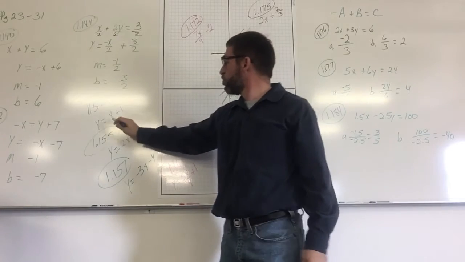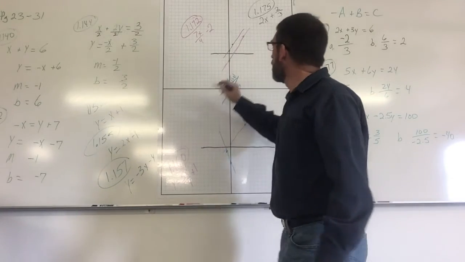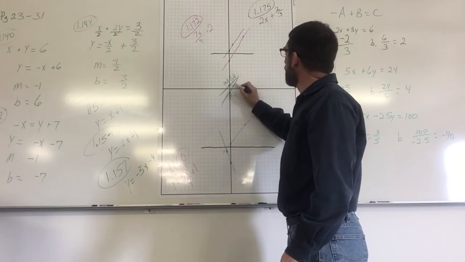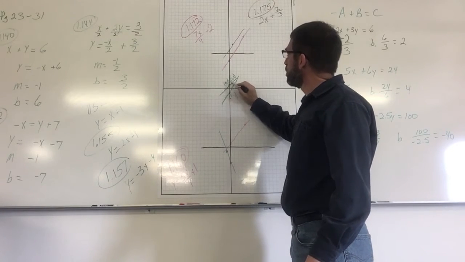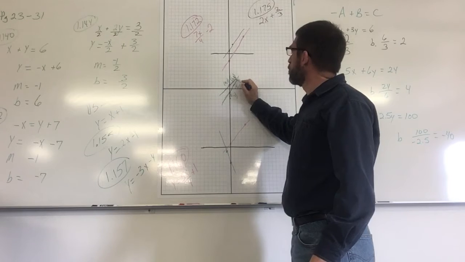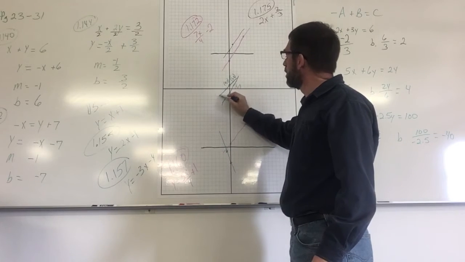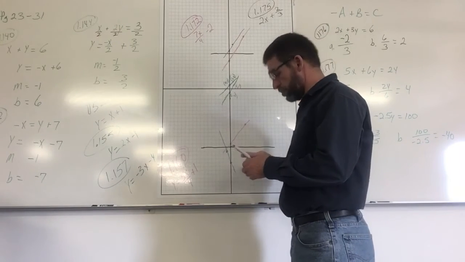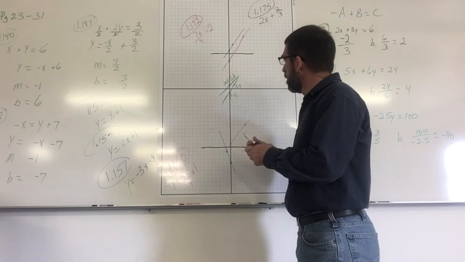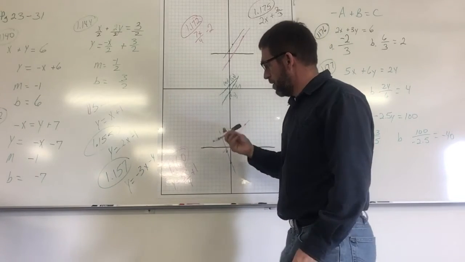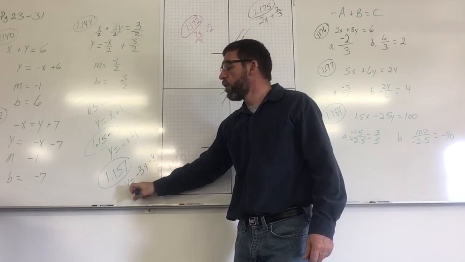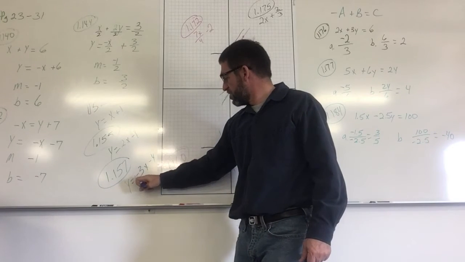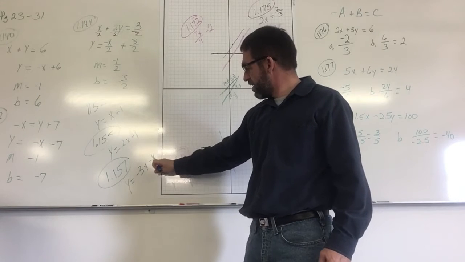Your x tells you to go up 1, and it means you always go right and up. So your next one is right here. And so your 2 points are 0 and 1, and 1 and 2, and those are the 2 points that are plotted. You can draw a line through there.